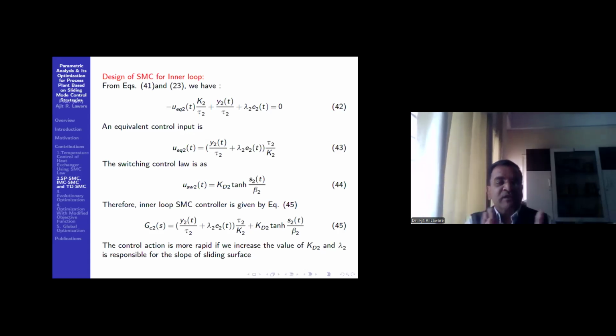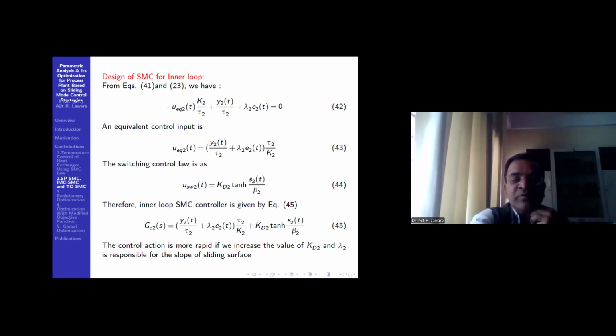And obviously the switching control law is the tangential hyperbolic function. Therefore, the inner loop SMC controller is given by equation 45.